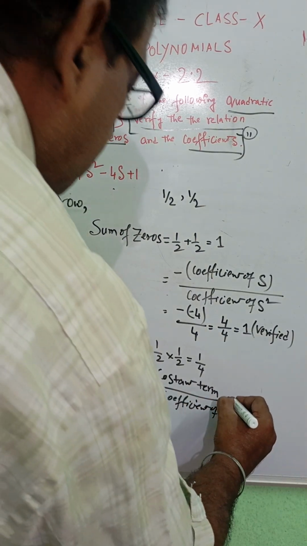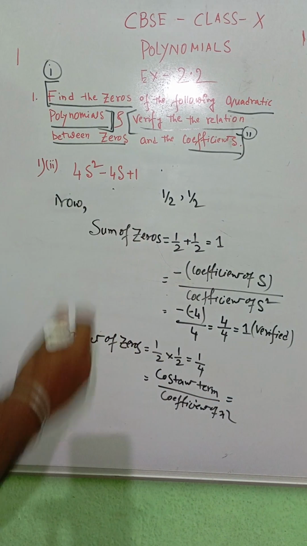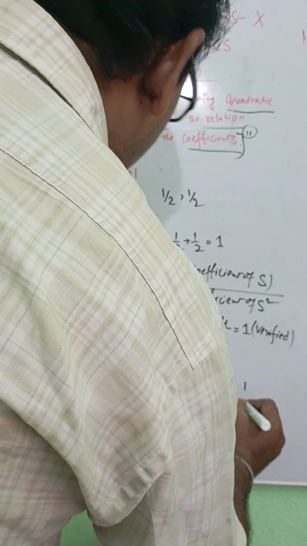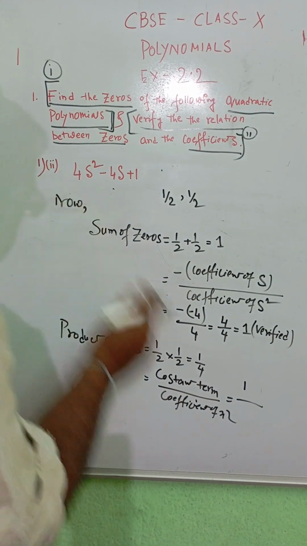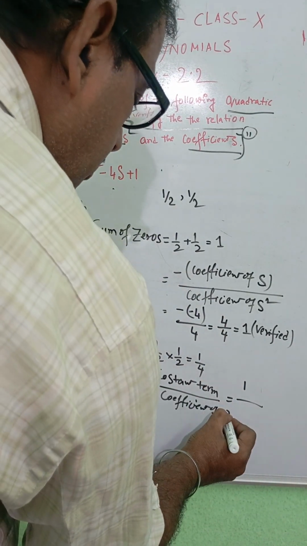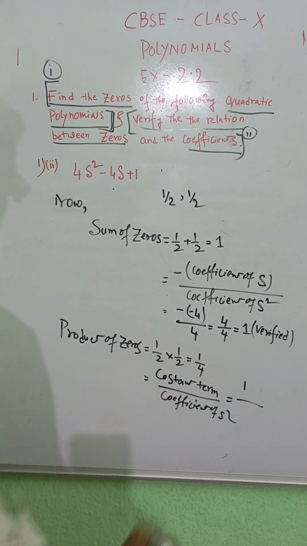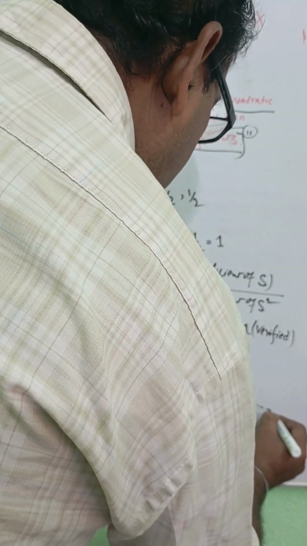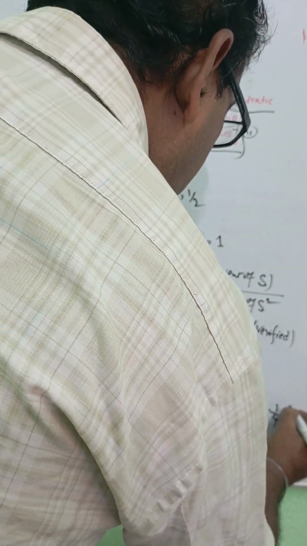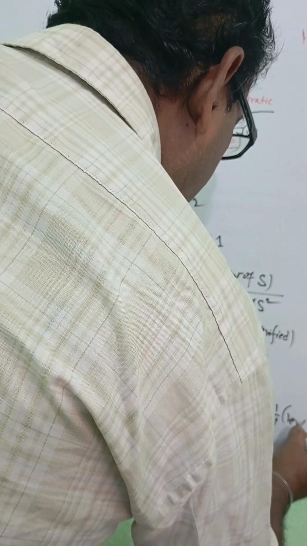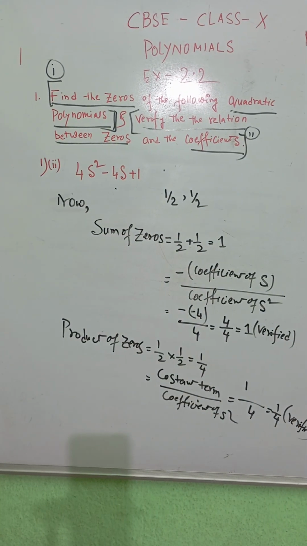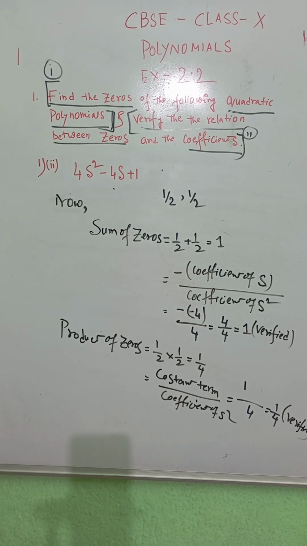What is the constant term? 1 by coefficient of s square, 4. That is 1 by 4. It's also verified. Clear?